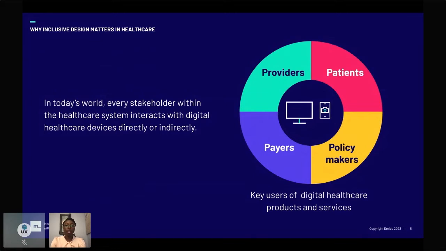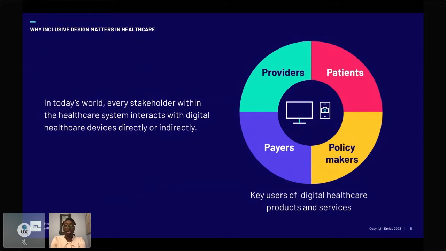So an example is, for a patient, we just discussed mobile applications that could be used for managing their chronic healthcare needs, or maybe a patient portal where people want to check their prescription or check their lab results or things like that. For providers, we are looking at electronic healthcare record systems, medical devices, and policymakers also make use of digital healthcare products.